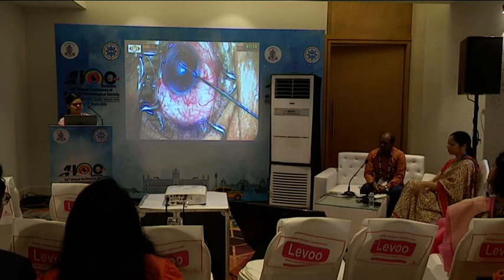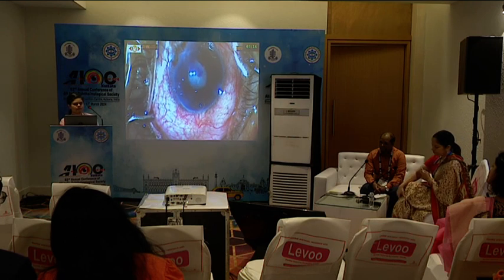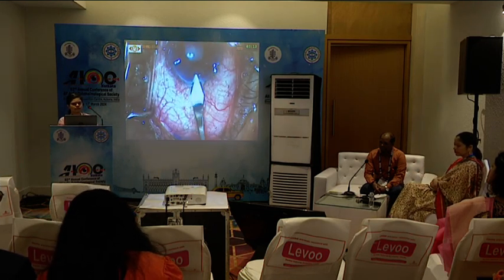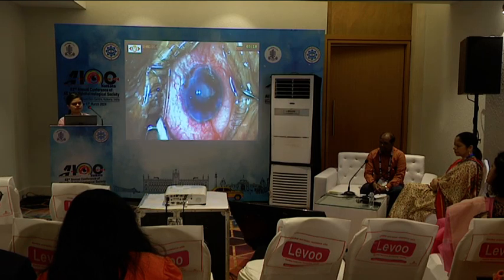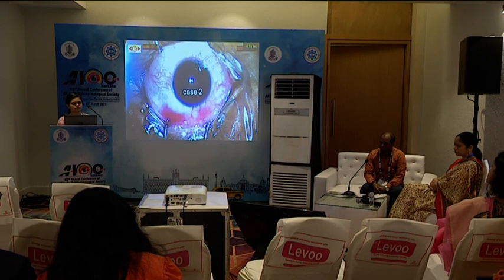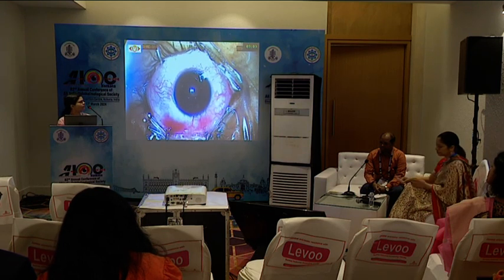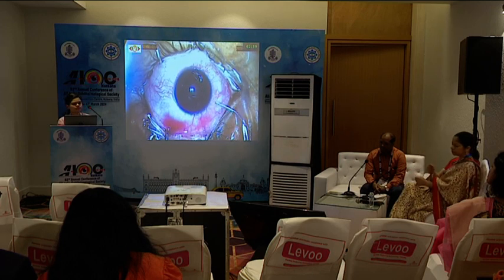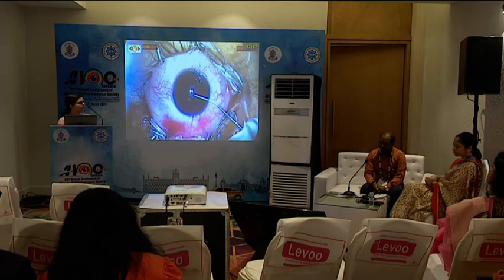After achieving sufficient intraoperative mydriasis with the sphincterotomy, we proceeded with the phacoemulsification as in the usual cases. This is case 2. In this you can see the pupil is only 2 mm dilated, and this is a case of chronic uveitis with occlusio pupillae.